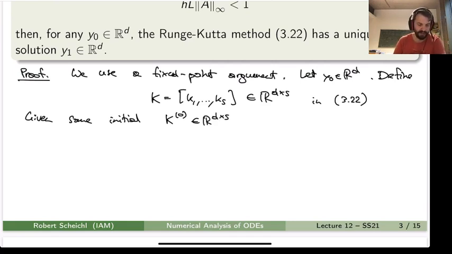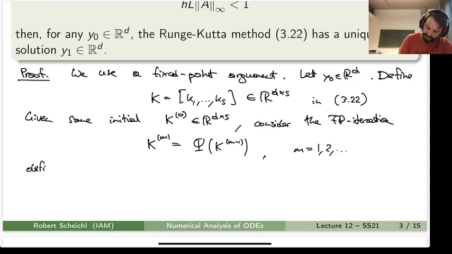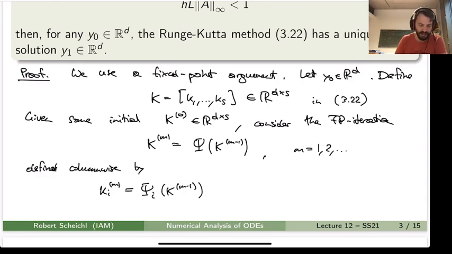We start iteratively with a starting guess K0, and then consider the fixed point iteration K^m is some function or some operator psi of K^(m-1) for m equals 1, 2, etc., which is defined column-wise by k_i^m is psi_i, the ith column of the operator psi, being given by its formula, but evaluating the right hand side.